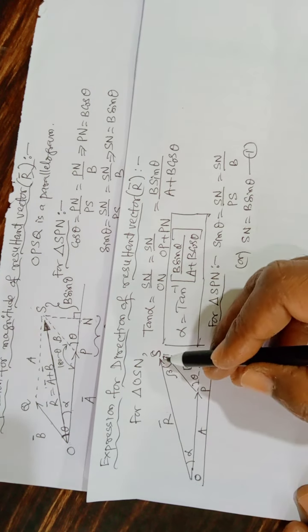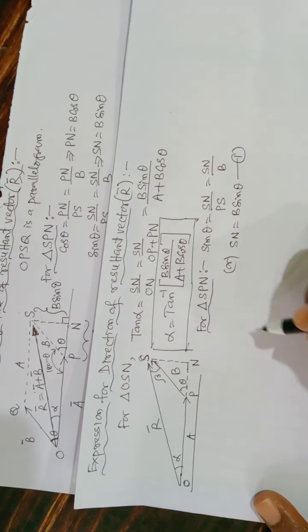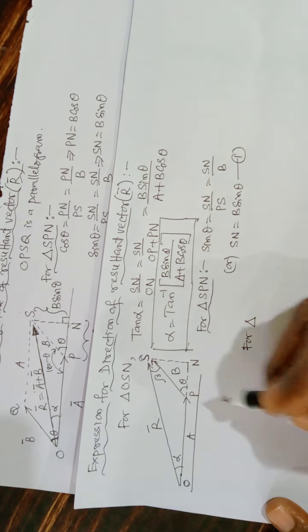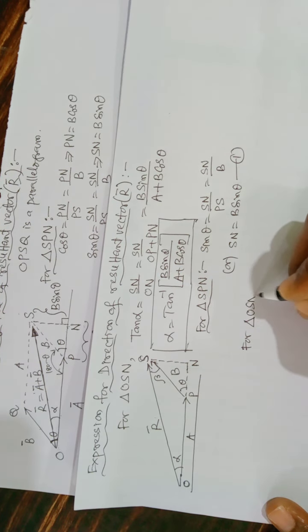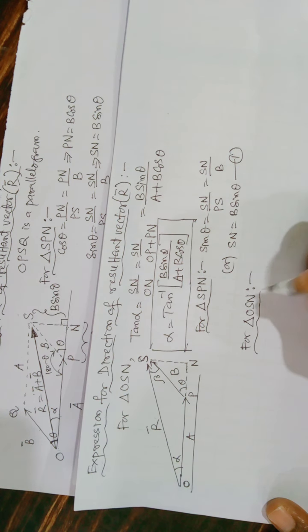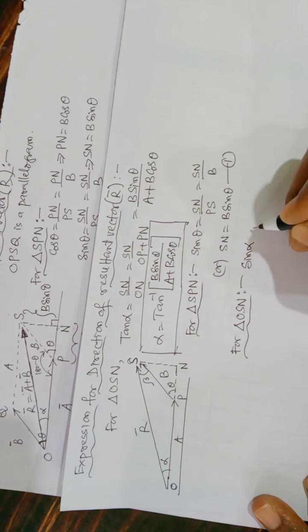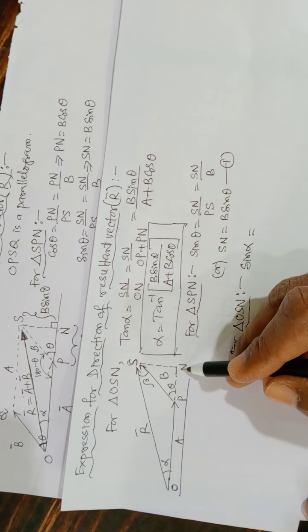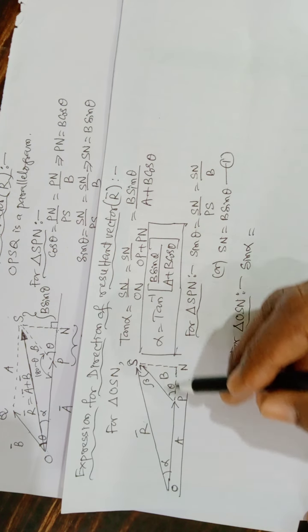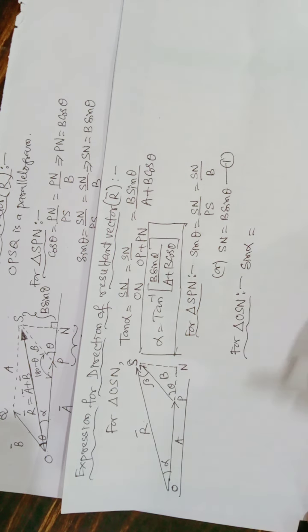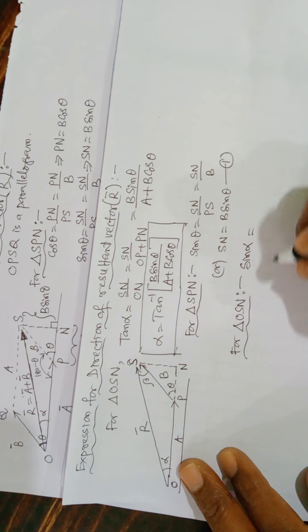Now let me consider the large right angle triangle OSN. Let me write sin alpha, because SN becomes the opposite side to angle alpha.